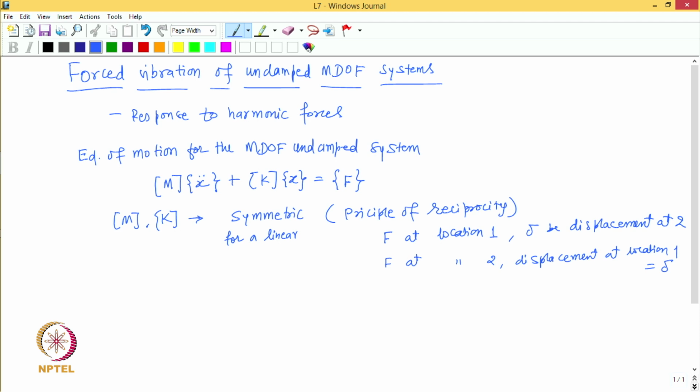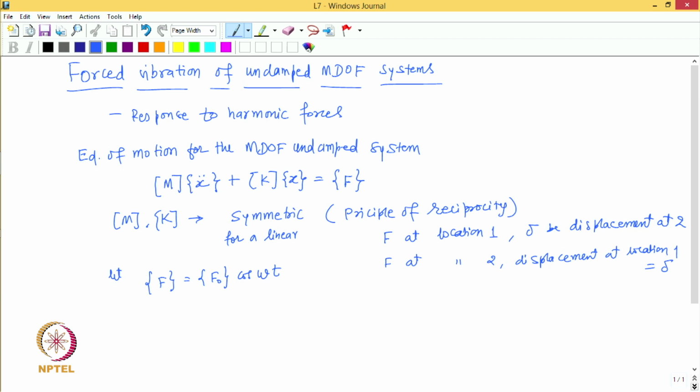So, we are considering harmonic forces. Let F naught be the amplitude of the force vector, and let the frequency of the force be omega. So, let us say F is equal to F naught cos omega t, and then we will use the method of complex exponential we studied earlier to solve the forced harmonic response.